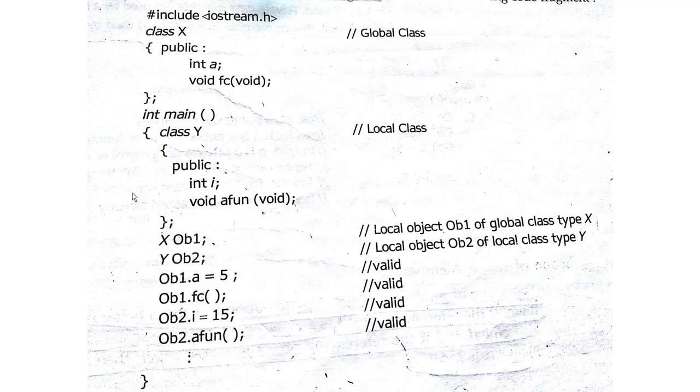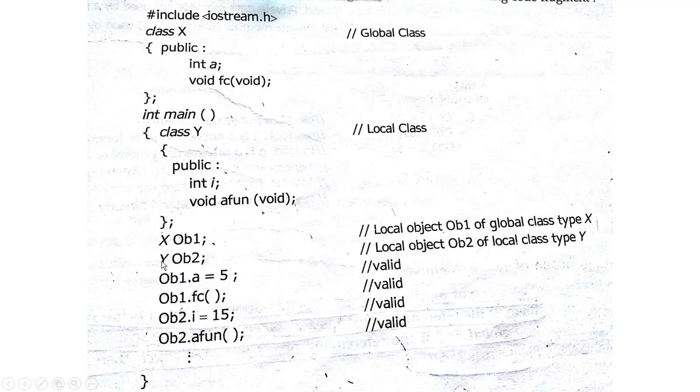Now see, here we have a program. We have class X here which is defined outside all the functions. Therefore class X is a global class. Here we have main. Inside the main we have class Y. So this is another class Y, defined inside the function, therefore this is a local class. Now here we are creating an object of class X inside the main. This is valid because this is a global class.